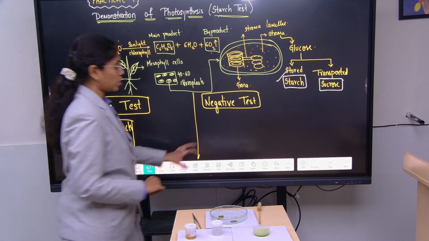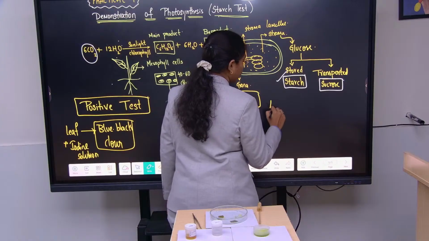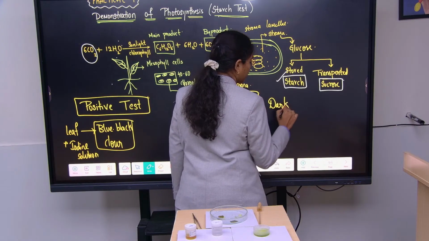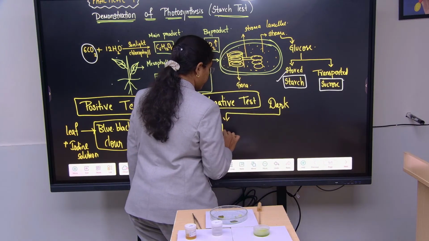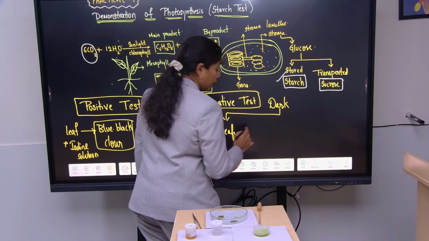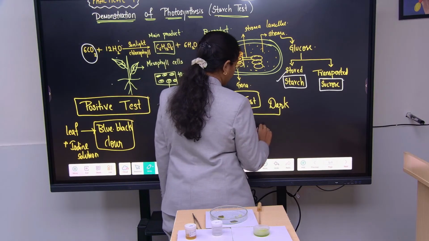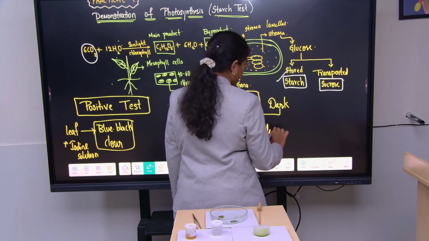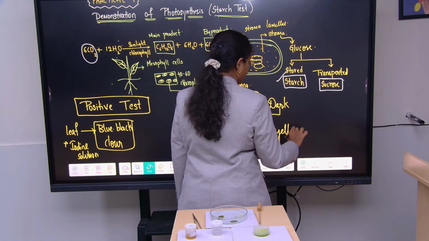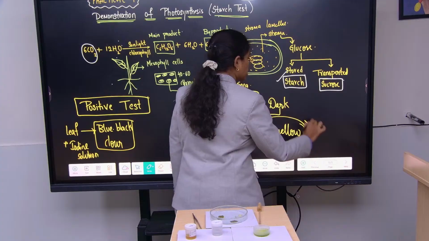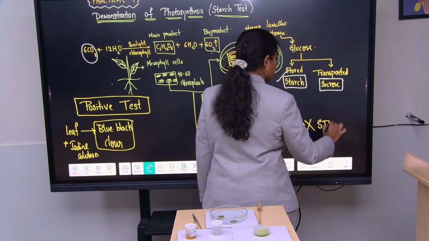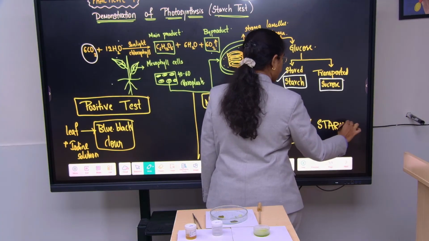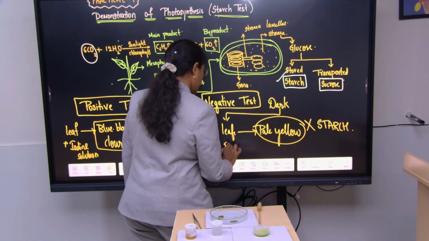And in the negative test, which is from the leaf placed in the dark, the leaf turns pale yellow, which shows the absence of starch, when the leaf is added with iodine solution.